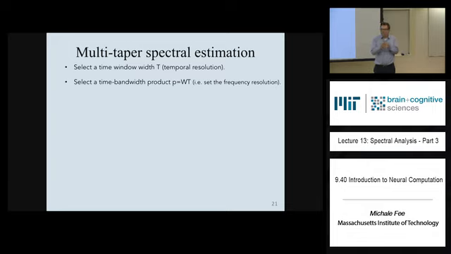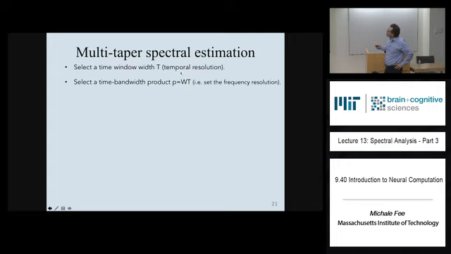The other thing is, if your signal is changing rapidly in time and you actually care about that change, you should choose, you're more interested in temporal resolution, right? If your signal is really constant, like it doesn't change very fast, then you can use bigger windows, right? Okay, so we're going to choose a time width. Then you're going to select this parameter P, which is just the time bandwidth product, okay? And if you've already chosen T, what you're doing is you're just choosing the frequency resolution.